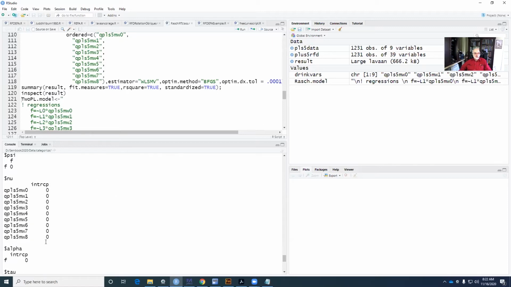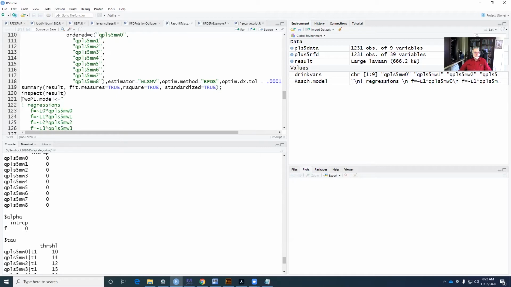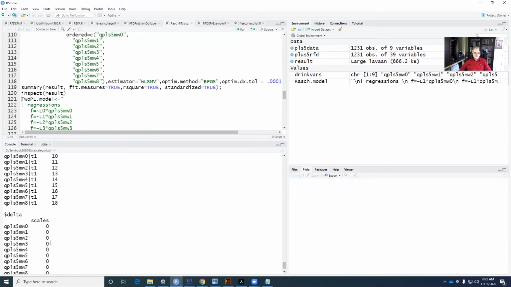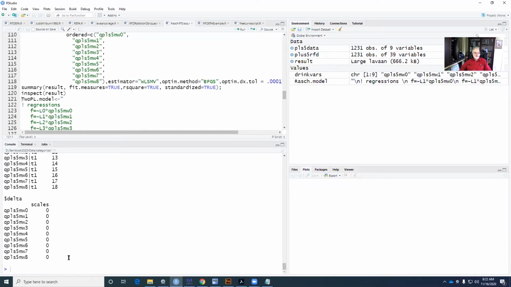I have no intercepts because it's a categorical variable and I'm using the defaults. I have no latent variable mean that's estimated because it's assumed to be 0. And down here are my thresholds numbered 10 through 18. I do not have any freely estimated deltas, scaling parameters, because I used the defaults there. Those are all the number 1.